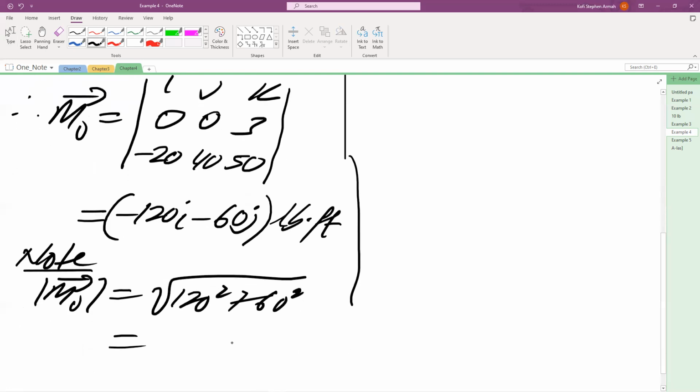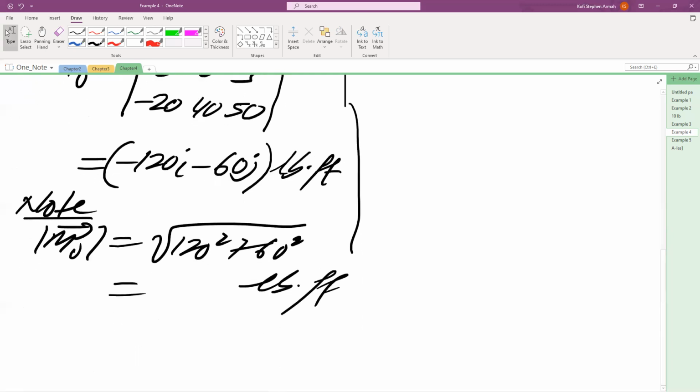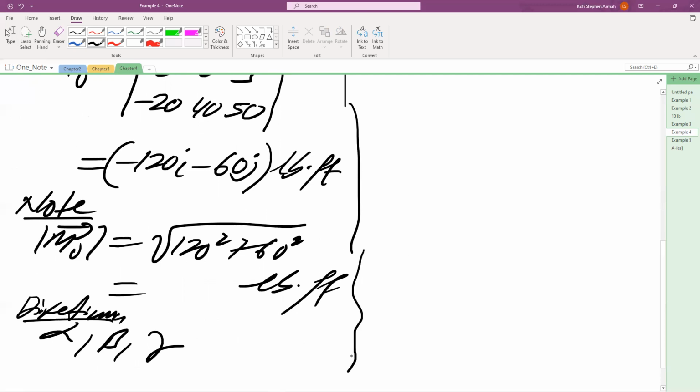They didn't ask you, you can also find the alpha, beta, gamma for the direction using the direction cosines, or you can use the corresponding angles. So take note, you can always find that.